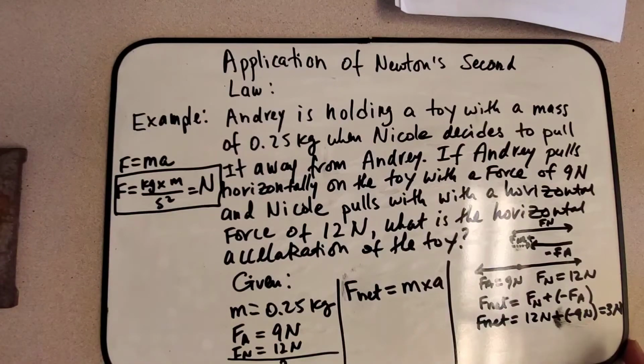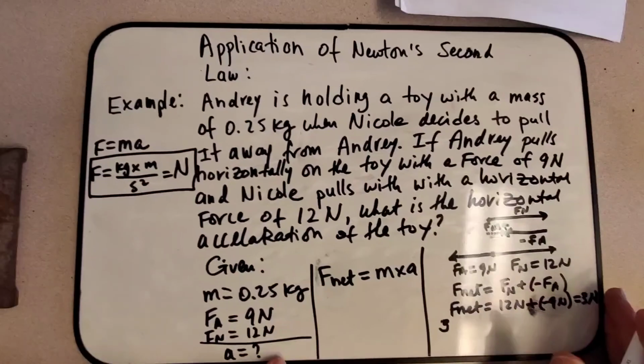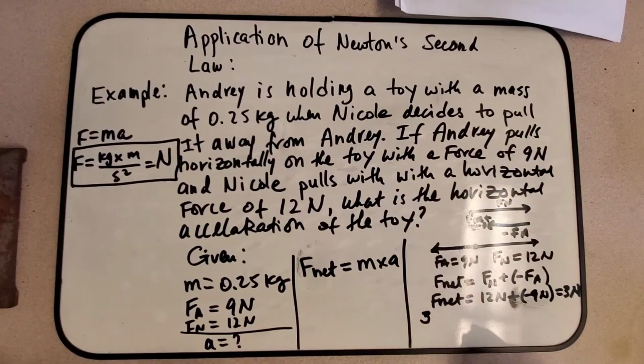Okay, almost there. Now we got the F net, so we just plug everything in. We now have the 3 here. Let me move this a little into the focus of the camera. So we got 3 newtons.